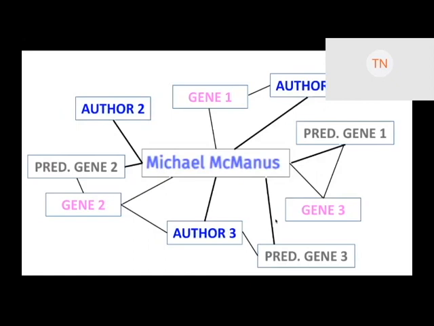So we can find the most similar authors. We can have the genes that they published already in the network, and then some other predicted genes and how those genes relate to each other, and whether those other authors also studied those. So this is something that we can do in one day, and hopefully we can recruit some people to join our team.